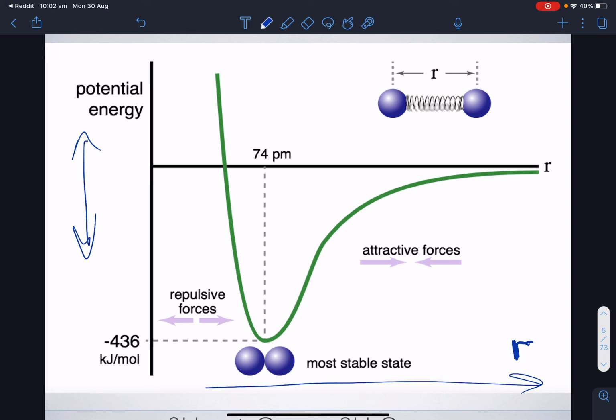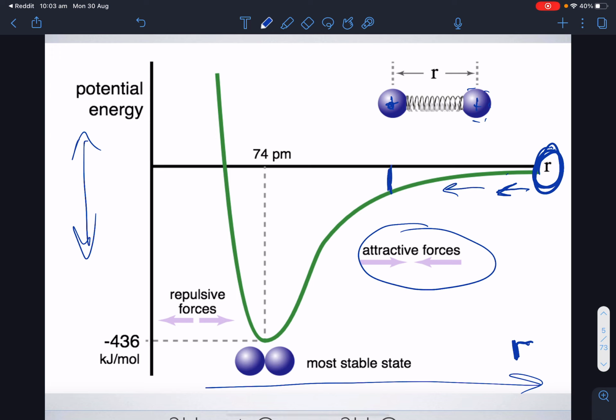And so out here, the radius between 2 atoms is very large, to infinite. And as you're getting closer this way, as you're reducing the radius and you're bringing these 2 atoms closer, there's an attractive force between them, and that's electrostatics. Positive is attracting negative. So the positive in the nucleus is attracting the negatives around the outside of the other one, and vice versa. So we get this attractive force, and as they move in closer together, there's energy released.